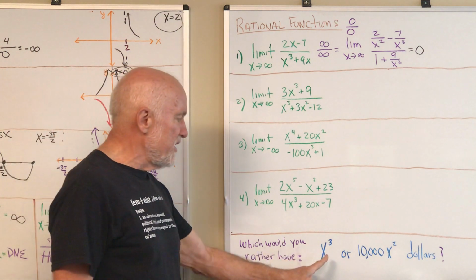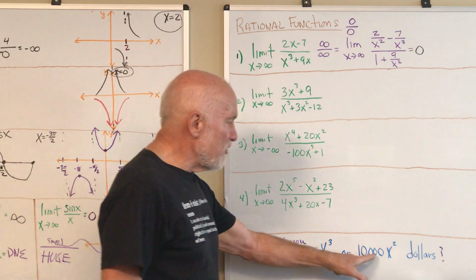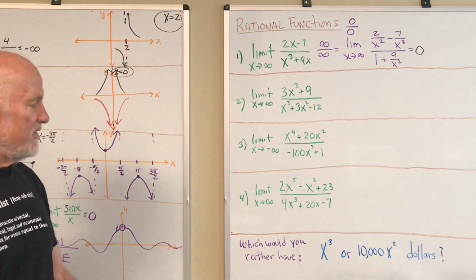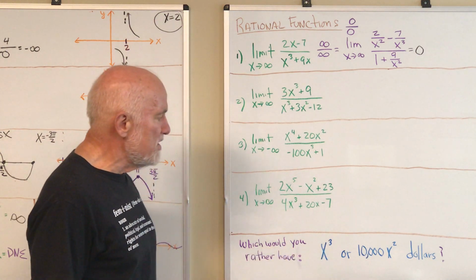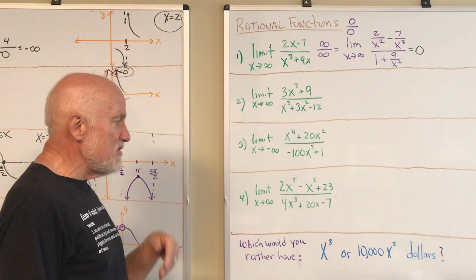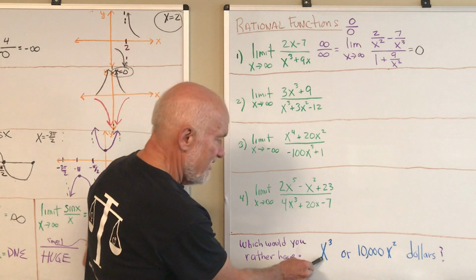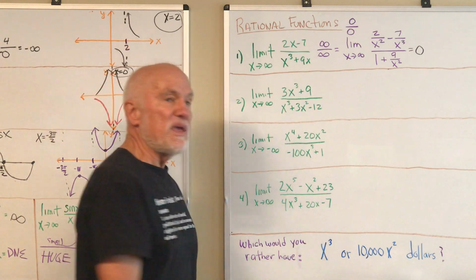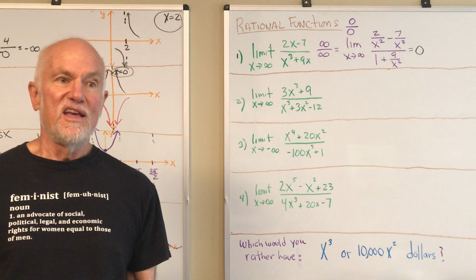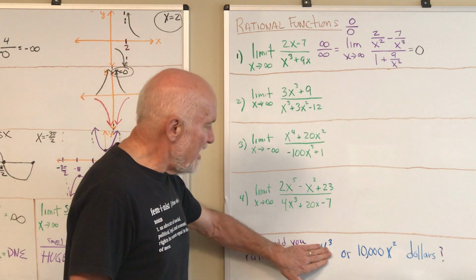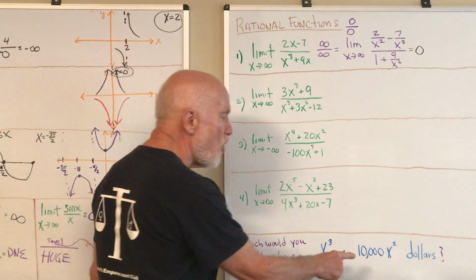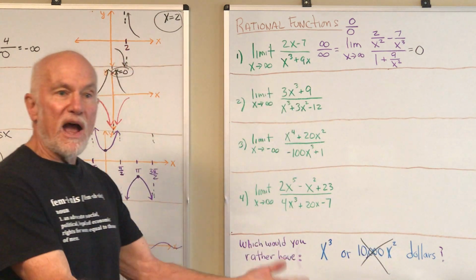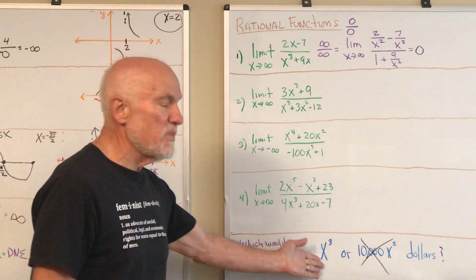Would you rather have 10,000 times infinity squared or infinity cubed? Especially if you think of infinity cubed as infinity times infinity squared, this is going to be 10,000 of those infinity squareds, and this is going to be infinity of those infinity squareds. So this number here, as x approaches infinity, is so much larger than this that I would just throw that on the ground and not even miss it.